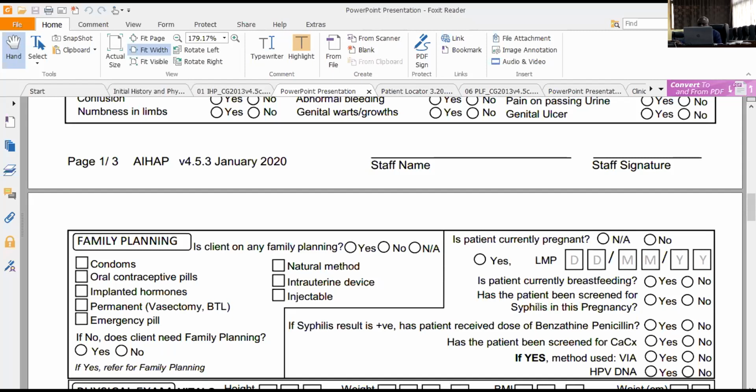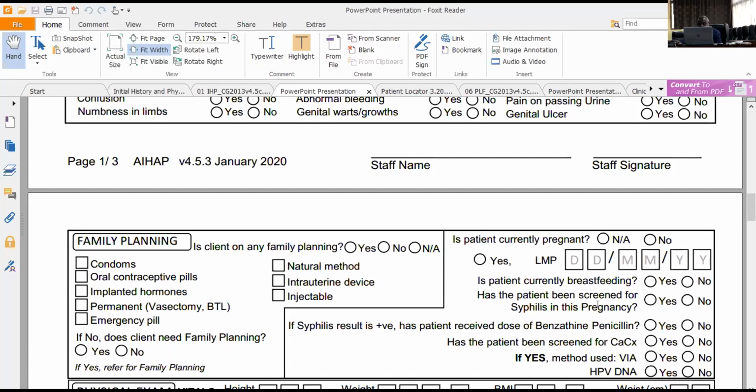Now, has the patient been screened for syphilis in this pregnancy? So it's not just a matter of being pregnant, but has the client been screened for syphilis? And if syphilis is positive, has the patient received the dose of benzathine penicillin? So this has also been expanded to know more about this pregnancy.